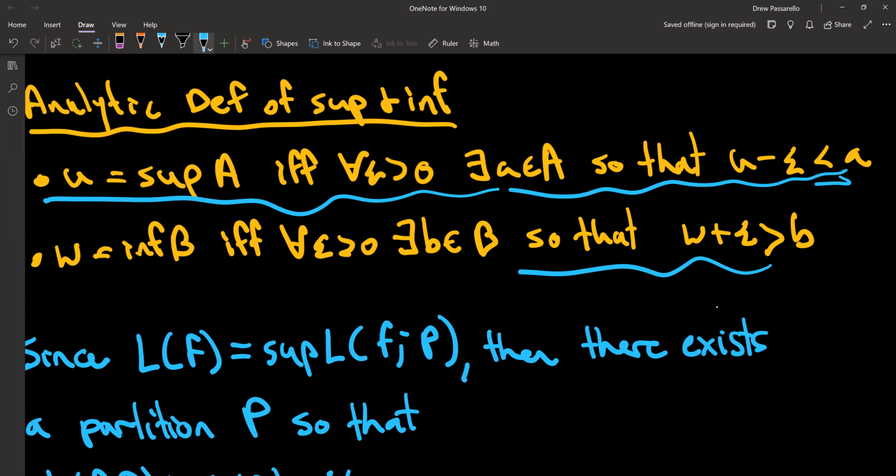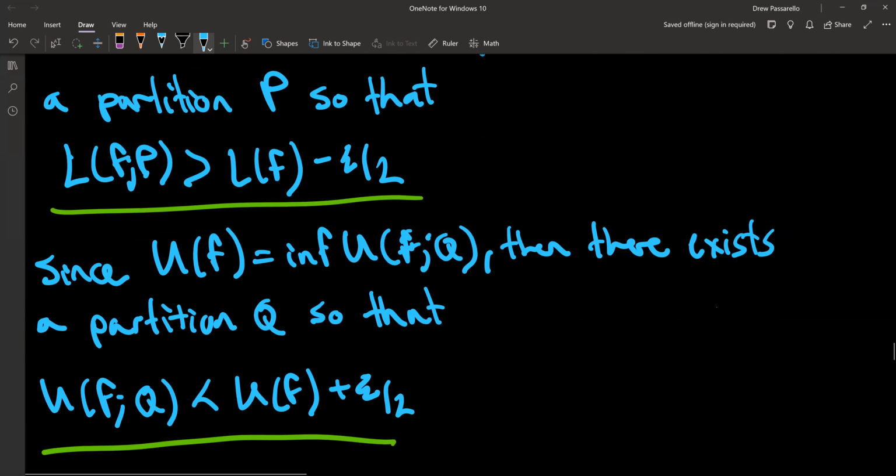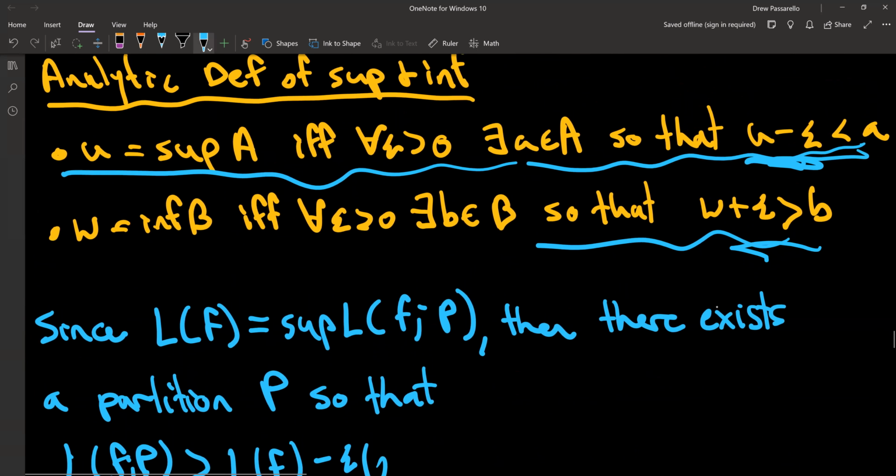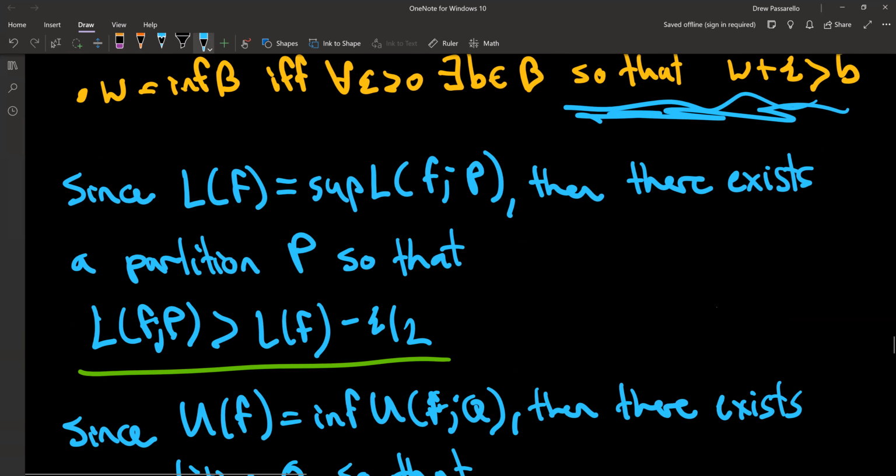And since U of f is the infimum of all upper sums of Q, there is some partition Q so that its upper sum is less than U of f plus epsilon over 2.